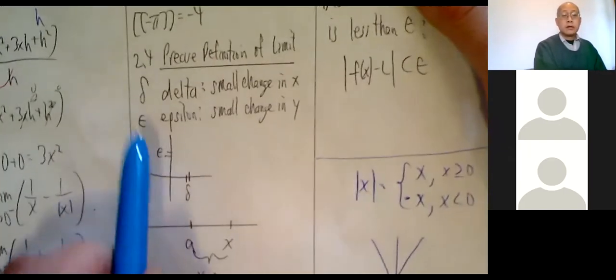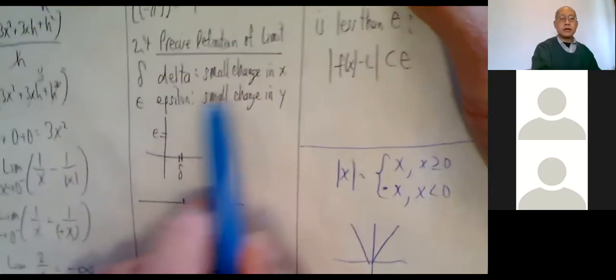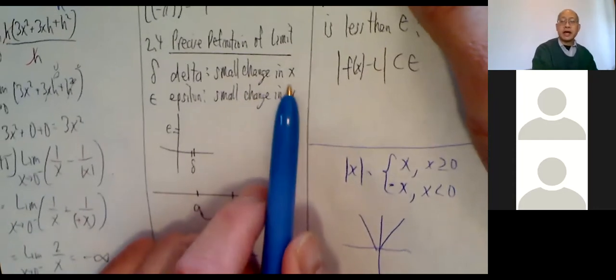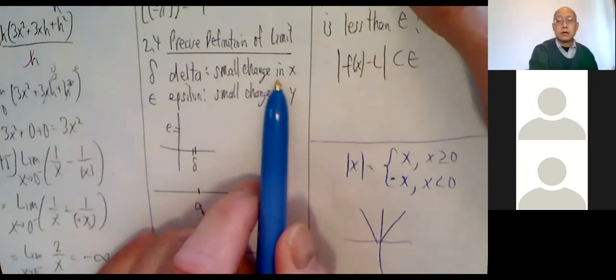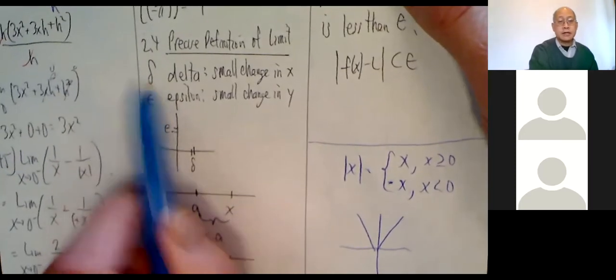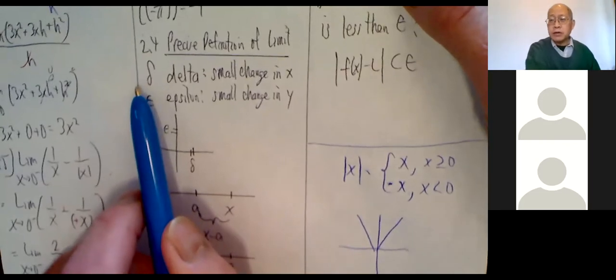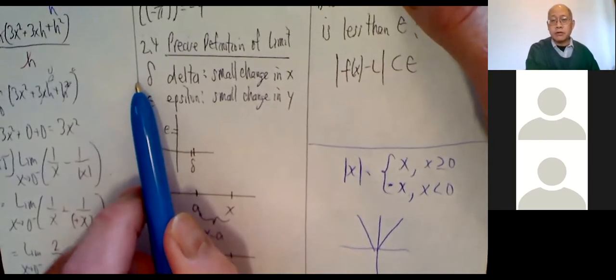Okay, this funny symbol is delta, the Greek letter delta, a small change in x. Now you say, well, I thought the triangle was delta. Yes, the triangle is an uppercase delta. This is lowercase. Greek has upper and lowercase just like we do.